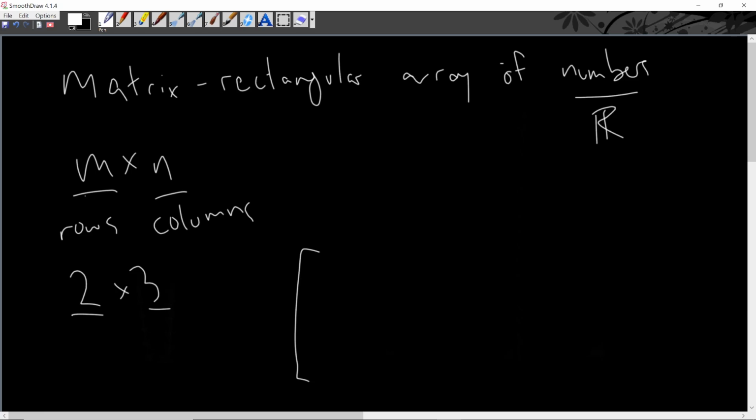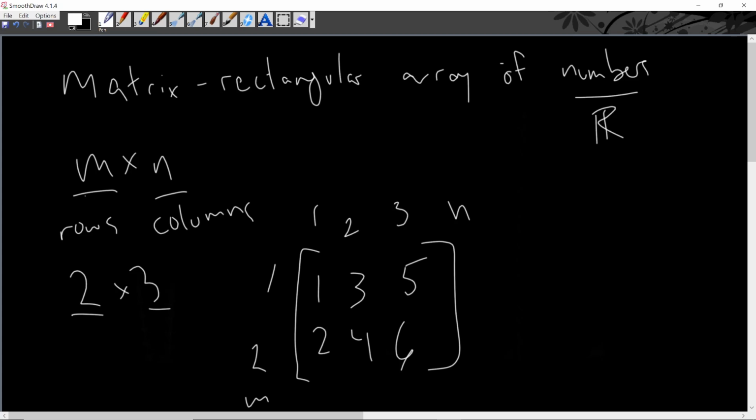It'll be, say, 1, 2, 3, 4, 5, 6. So that's going to be 2 rows and then 3 columns. So 2 by 3, M by N.